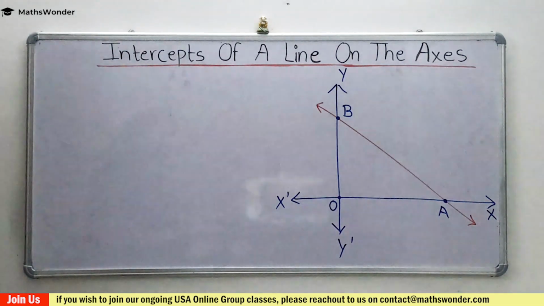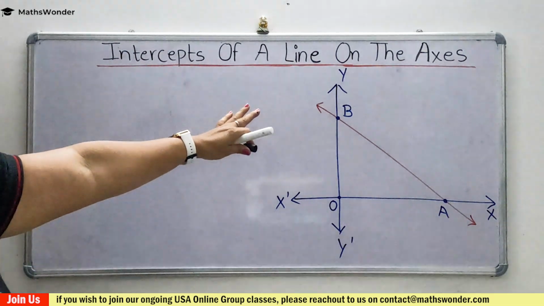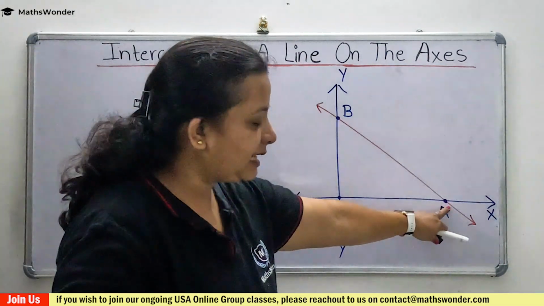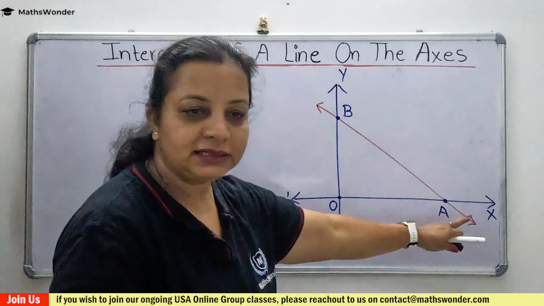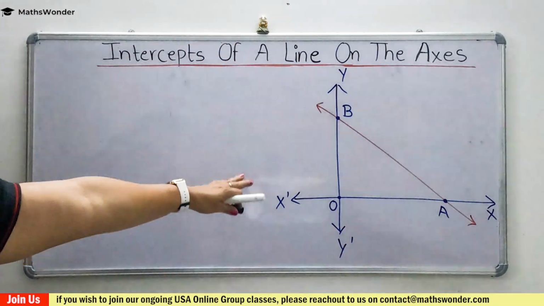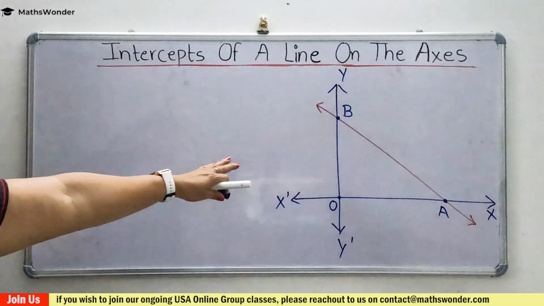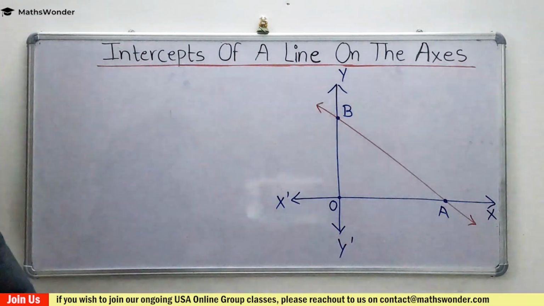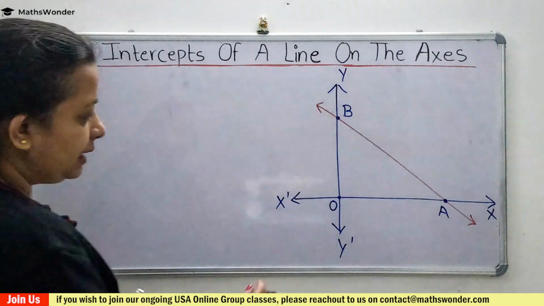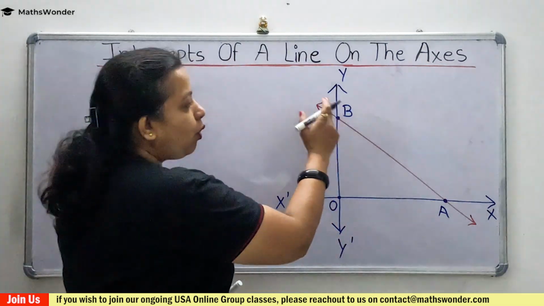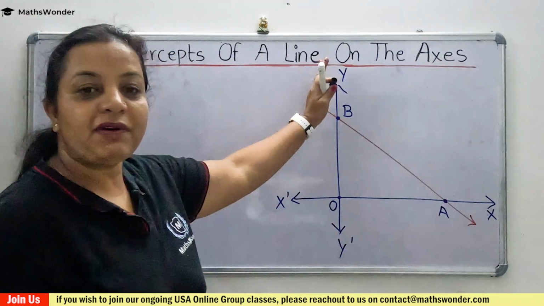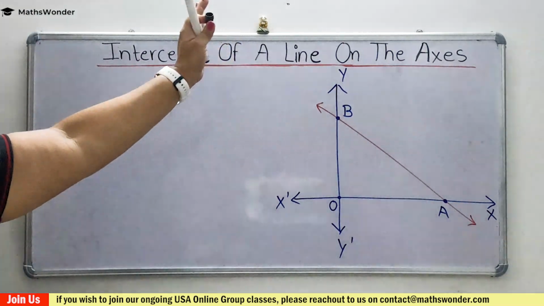Now, always remember, if a straight line cuts the x-axis at A, see, this is the x-axis, it cuts at A, and the y-axis at B, then OA and OB are known as the intercepts of the line on x-axis and y-axis respectively.